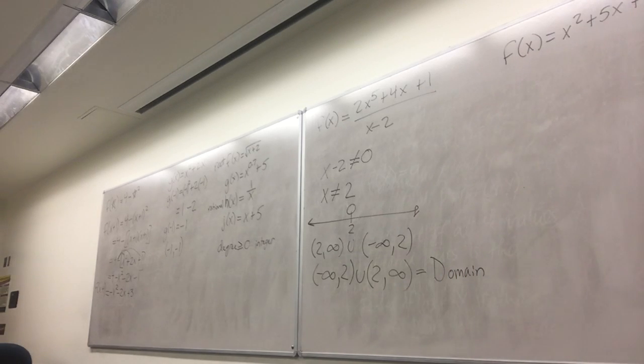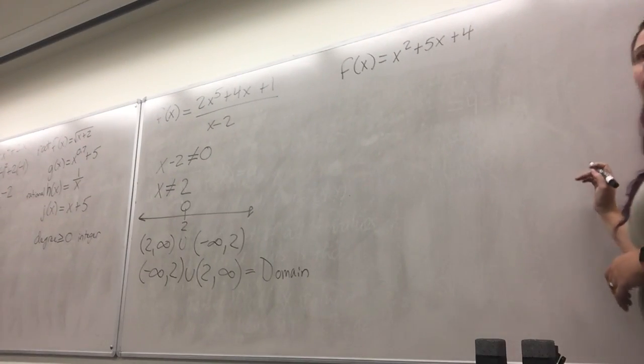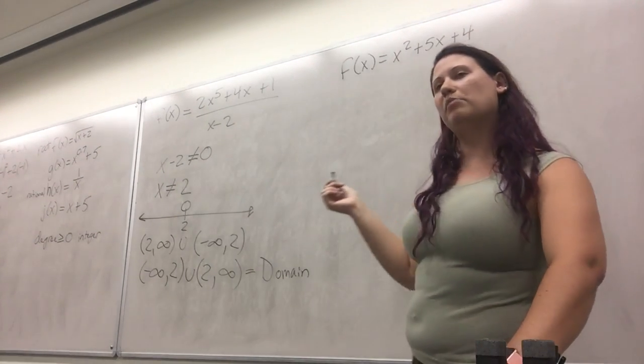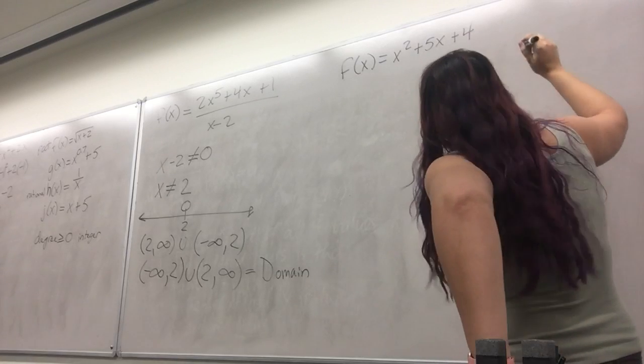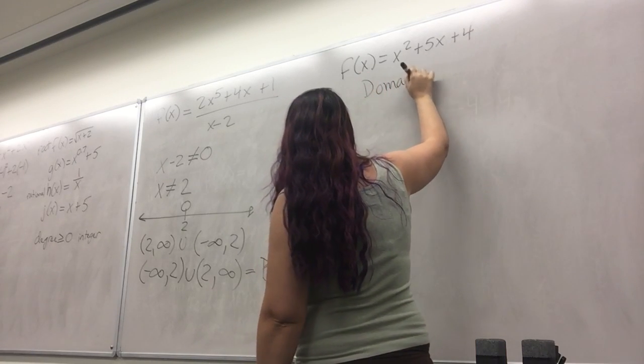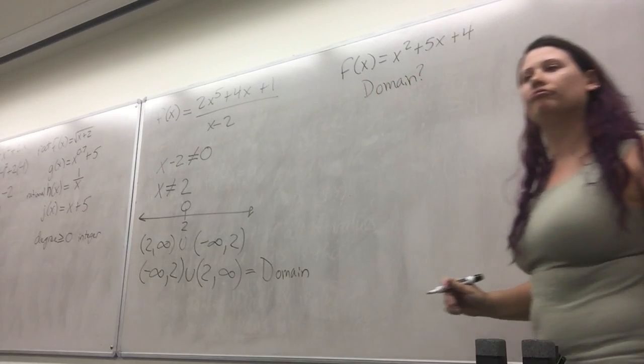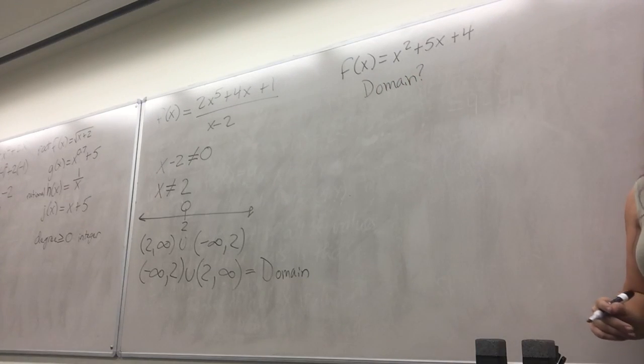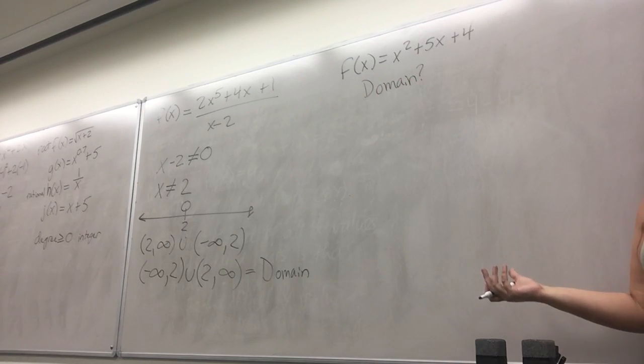What if we have this function? I already said it was a polynomial, so I can't ask that question. But what if we want to know the domain? Is there anything we can't plug into a polynomial?